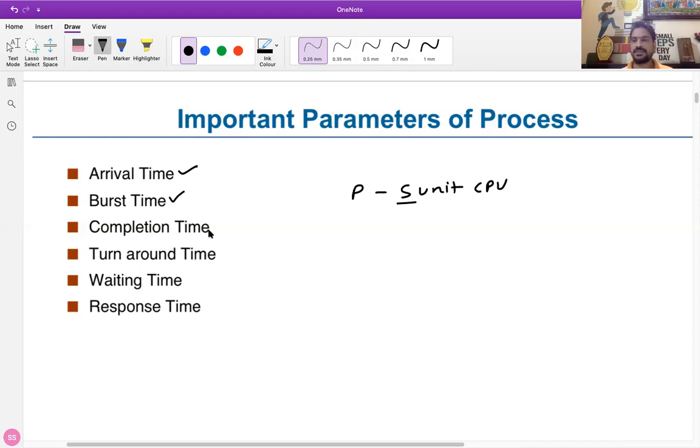The next time is called completion time. So we know the different states, right? We have the new state. From the new state, the process will go to the ready state.